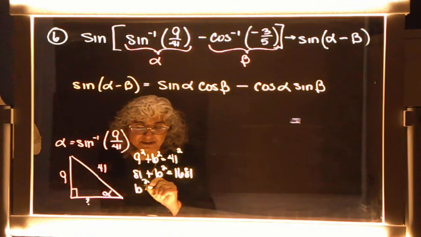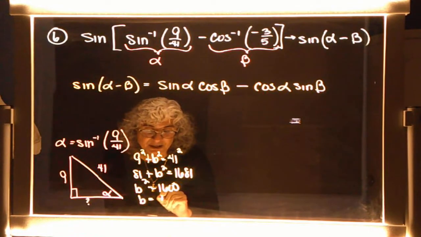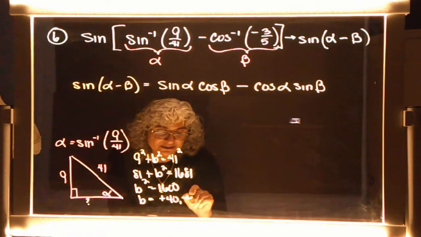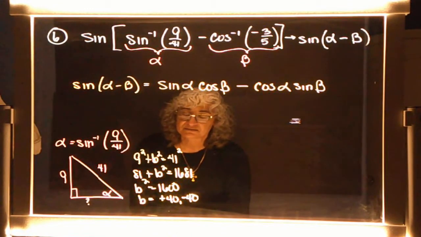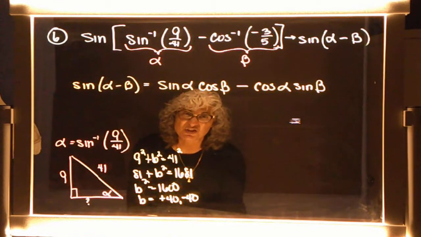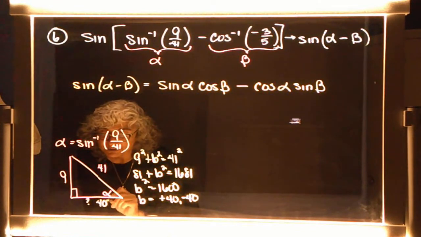So b squared equals 1600, and b is either equal to a positive 40 or a negative 40. And I know you're going, well, how do I know which one to take? Unless they tell me otherwise, unless they tell me I'm in a certain quadrant, I'm always going to make it positive. So this side is going to be a positive 40.